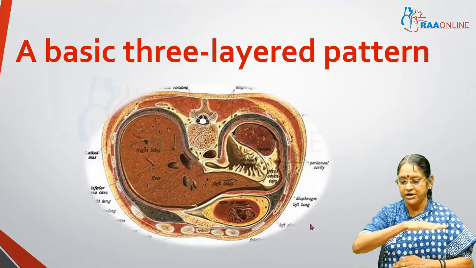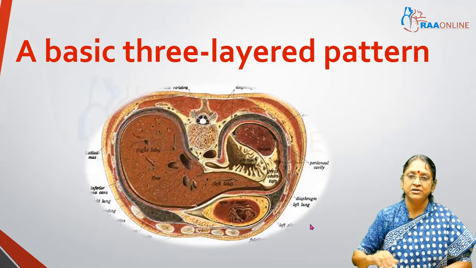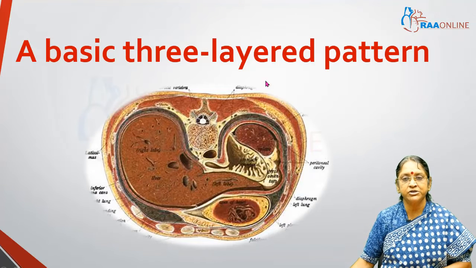The human body has been cut on the horizontal plane, and here is a cross-sectional picture. You may be able to identify some of the structures here. You find the vertebral column, and here you find the liver tissue, and then here you find the gut system, the peritoneal cavity, and so on, the spleen here, right?